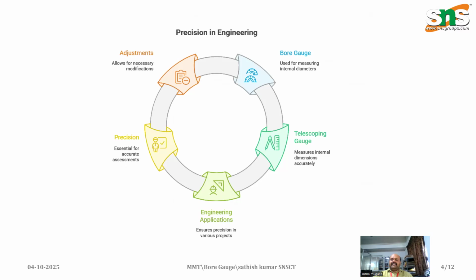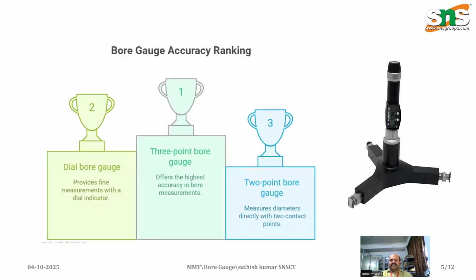A telescopic gauge measures internal dimensions accurately. Bore gauge and telescopic gauge are both the same, but with the bore gauge we can read the difference of dimensions. With the telescopic gauge, we can tell whether it's like a go gauge or a no-go gauge. So it is essential for accurate assessments and allows for necessary modifications in the measurements.